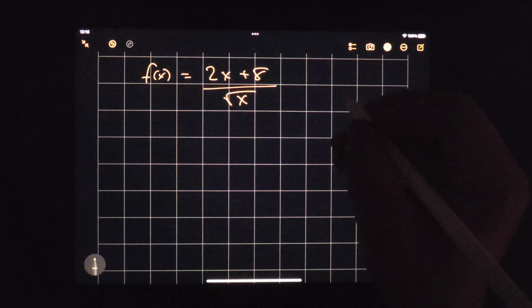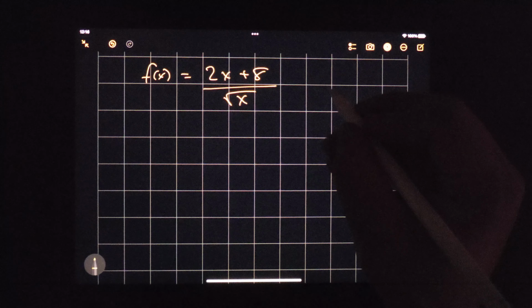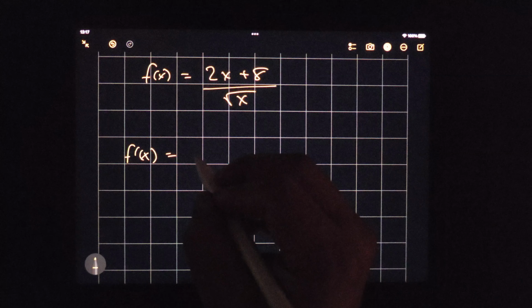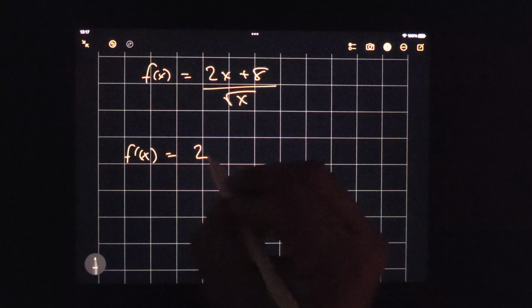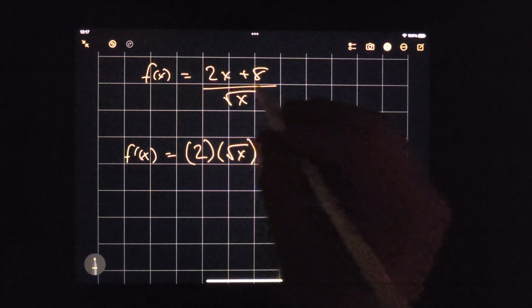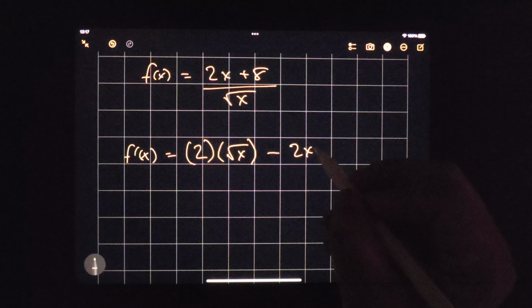So let's write out f prime of x is equal to the derivative of the numerator, which is 2, times the denominator, root x, minus the numerator, 2x plus 8, times the derivative of the denominator, which, x to the power of 1 over 2 becomes 1 over 2 x to the power of negative 1 over 2.